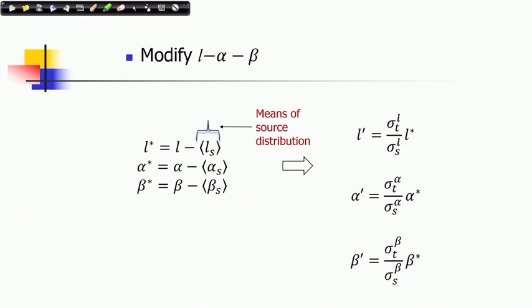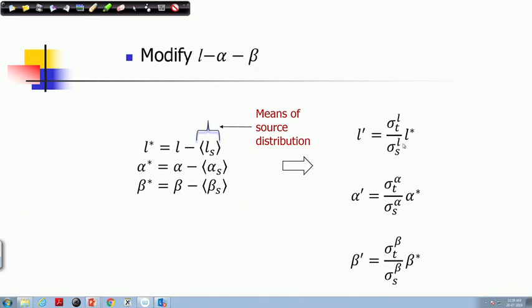You can see here, this is the standard deviation of the luminance component of the target image, and this is the standard deviation of the luminance component of the source image.